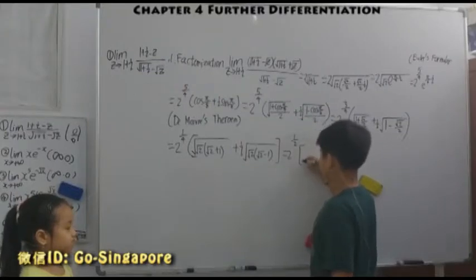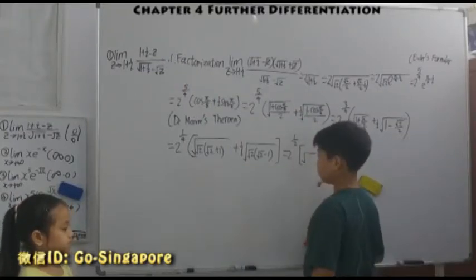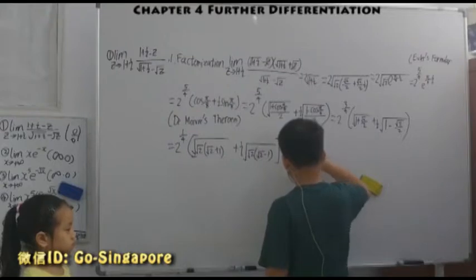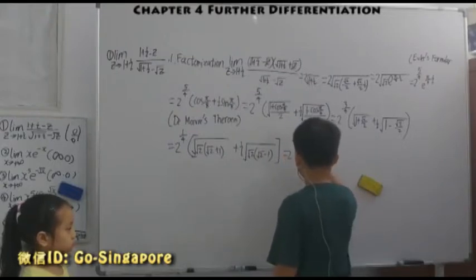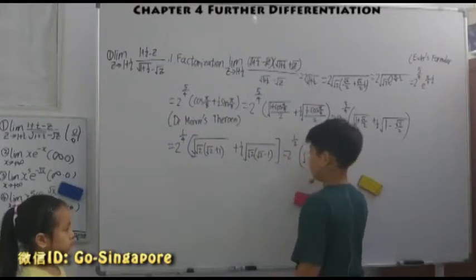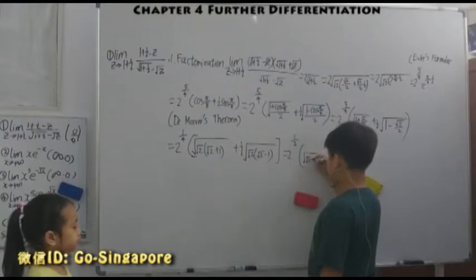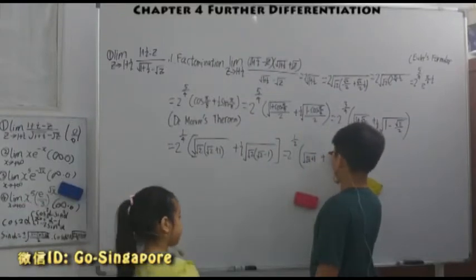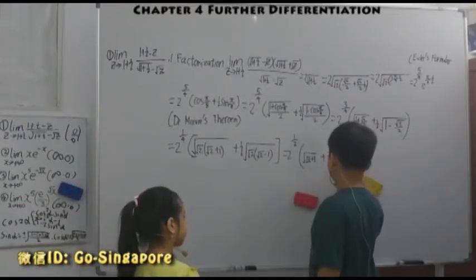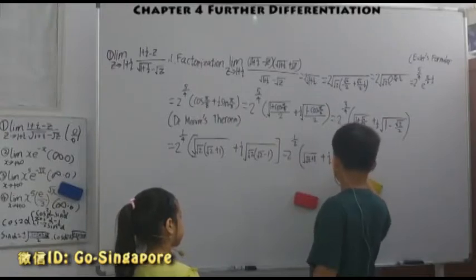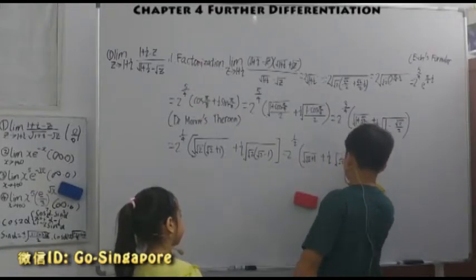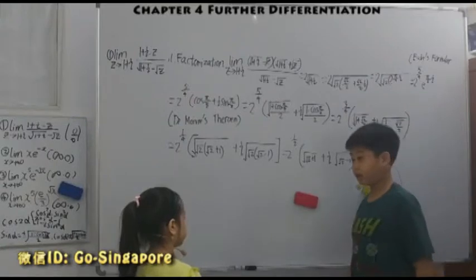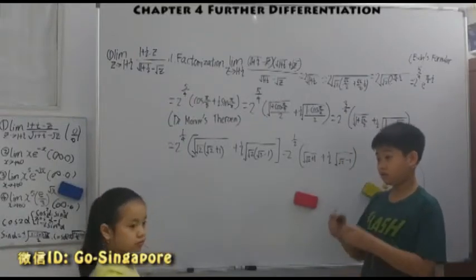Okay, no more this kind of bracket. Then this is the square root 2 plus 1 plus i times square root 2 minus 1. Is it like this? Yes.